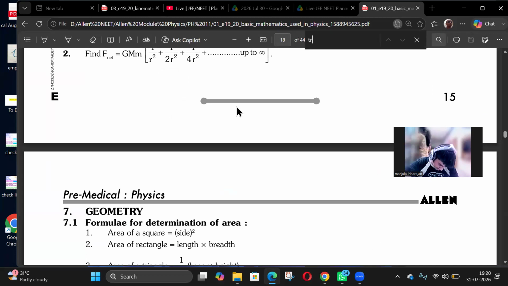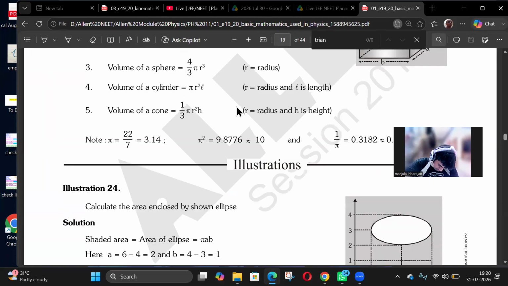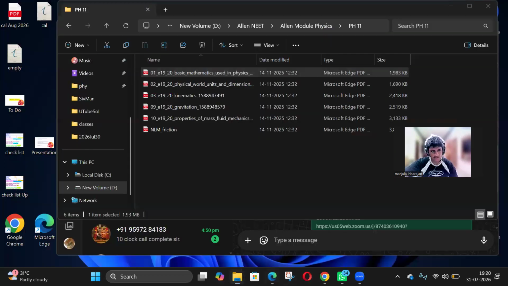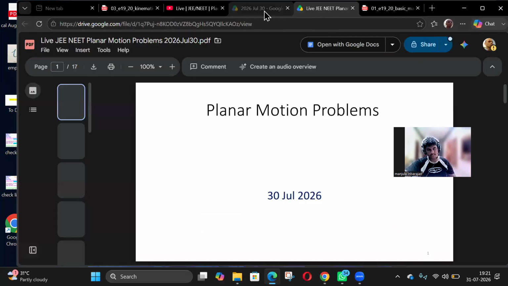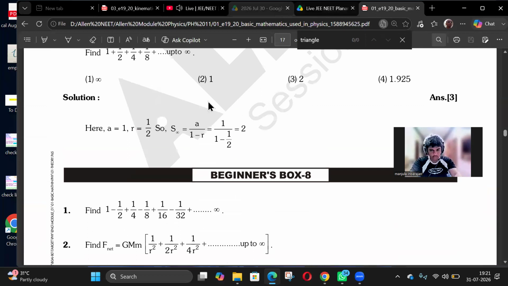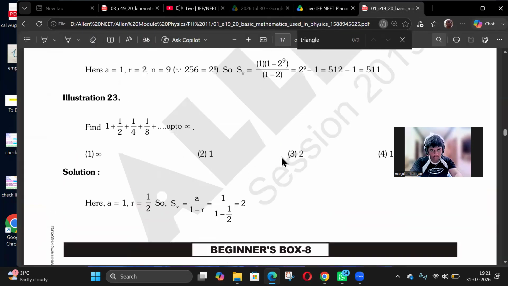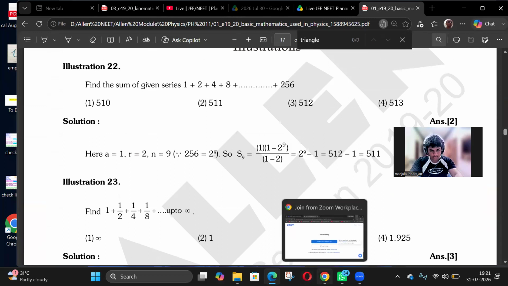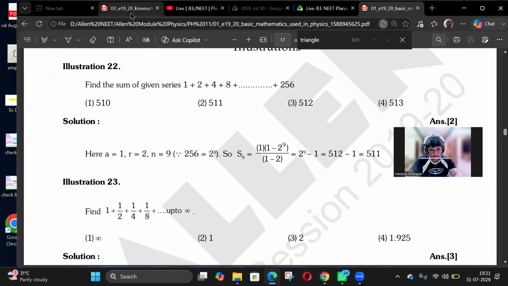So you have to join the head and tail of two vectors.